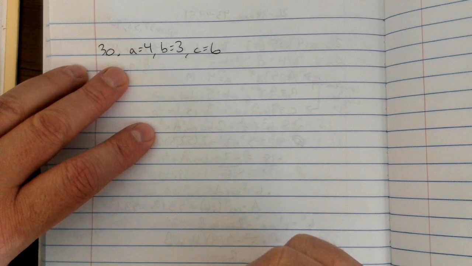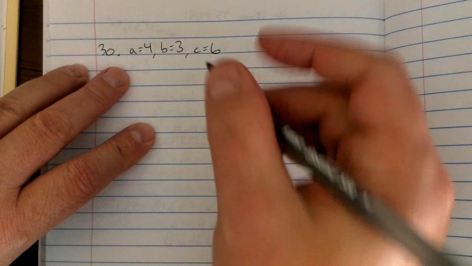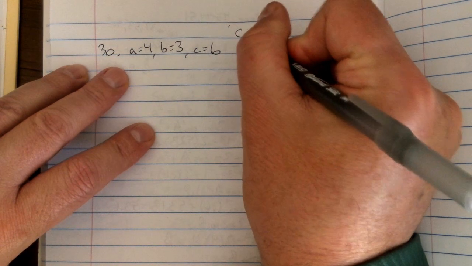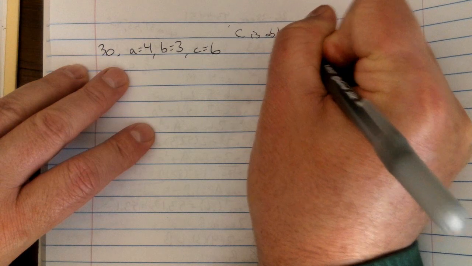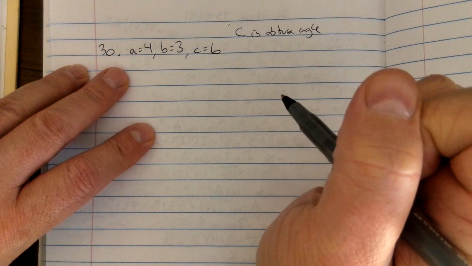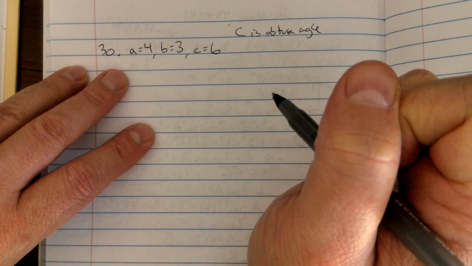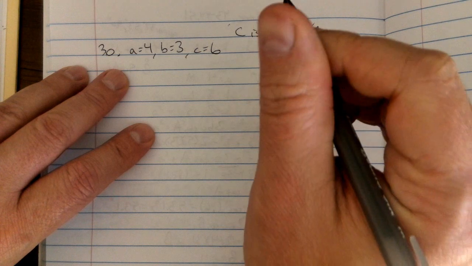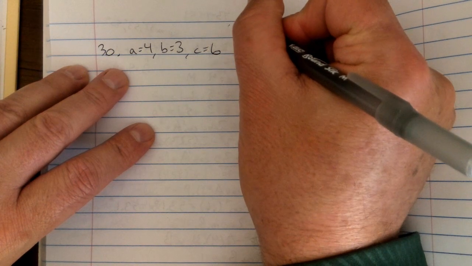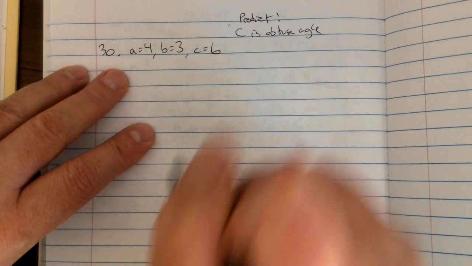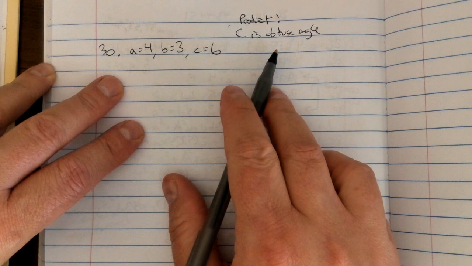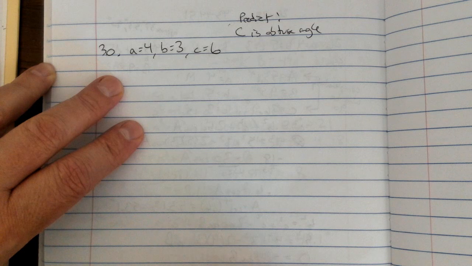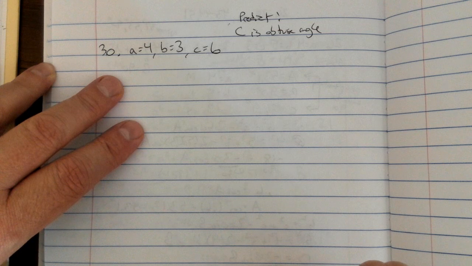Okay, well, since I'm kind of experienced doing this, I know this is going to be having C as an obtuse angle. That's my prediction. Okay, let's see if that's right or not. So that'd be my hypothesis. Because if 3, 4, 5 is your right triangle, let's see what 3, 4, 6 is.